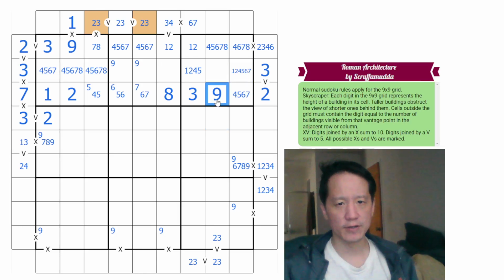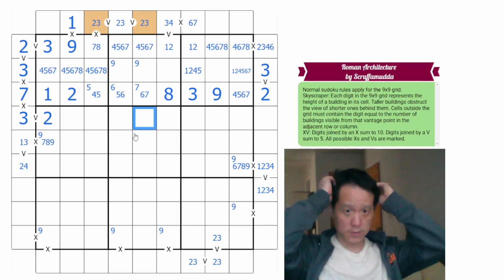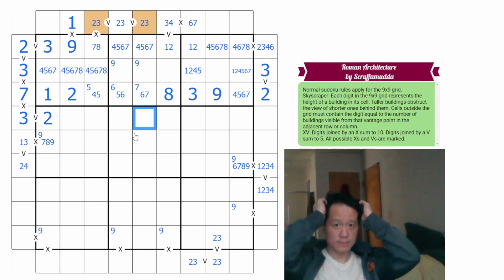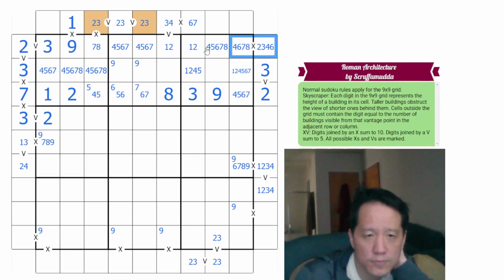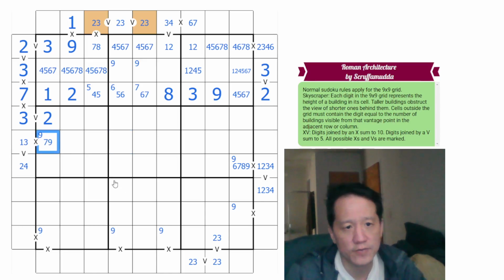This can't be 3 either. This is at least 2. This can't be 8. This is 7 or 9.